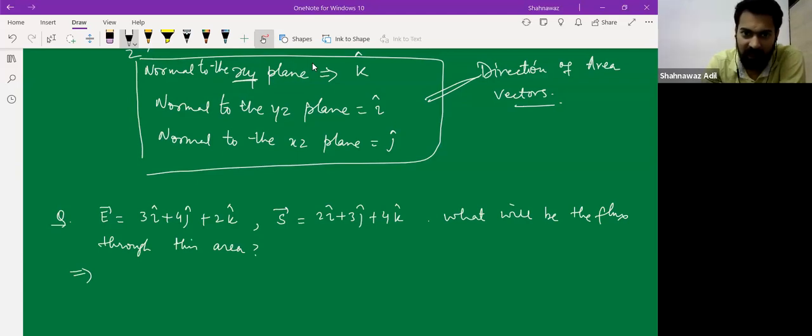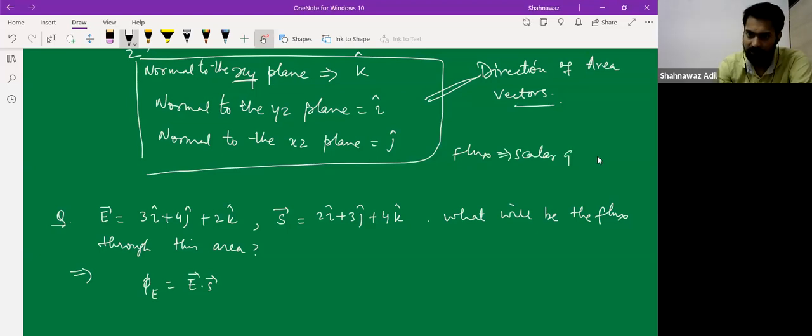Calculate and tell me what will be the answer. You know that electric flux will be simply the dot product, right? So you know that electric flux is a scalar quantity. I don't want to discuss that because you already learned. So flux is a scalar quantity, right? So what will be the answer?